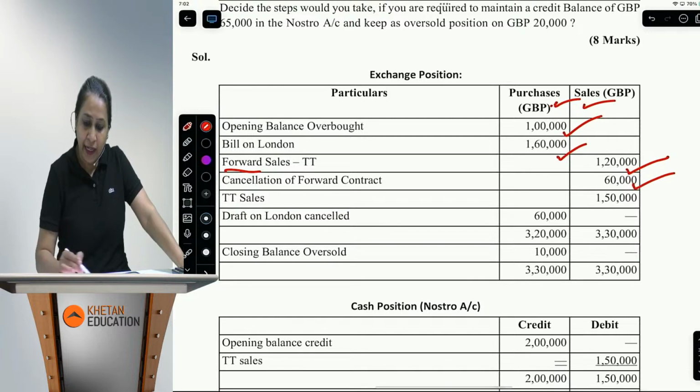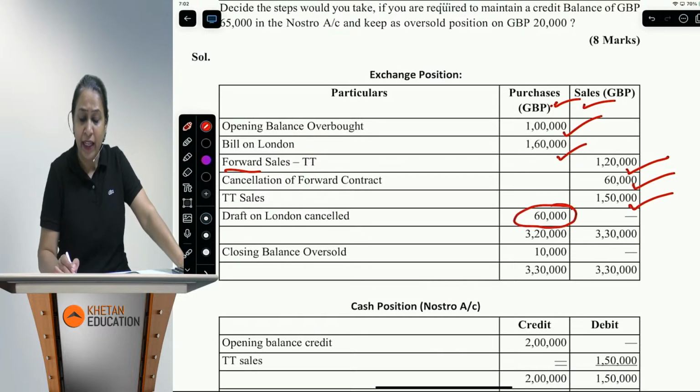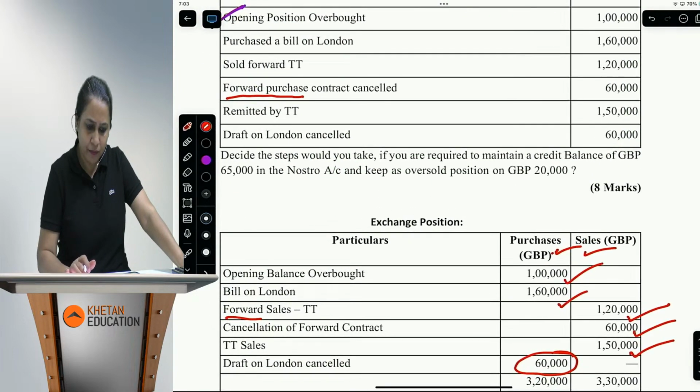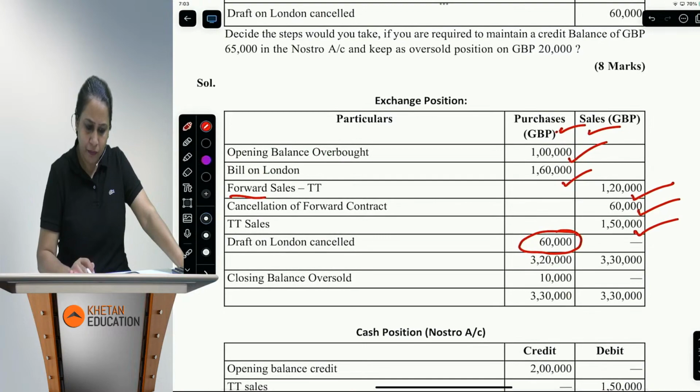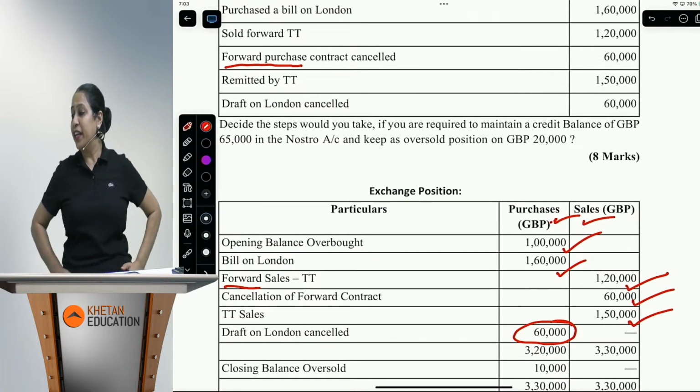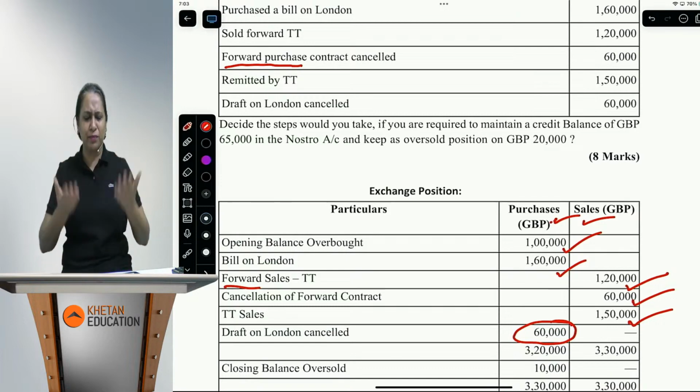TT sales again here. Draft on London cancelled, they have put in the purchase column. That means originally it was DD sale, and hence in order to cancel you put into the purchase column. No, what am I saying, what has happened to me?